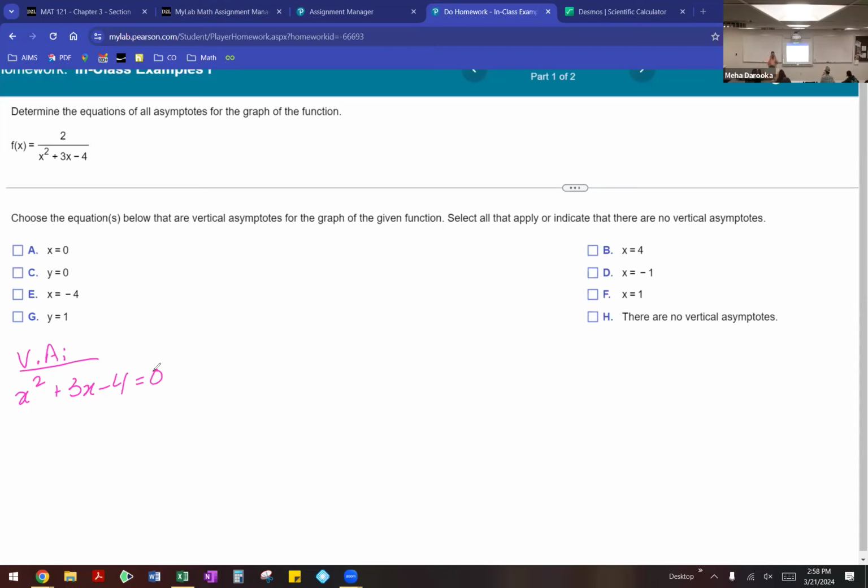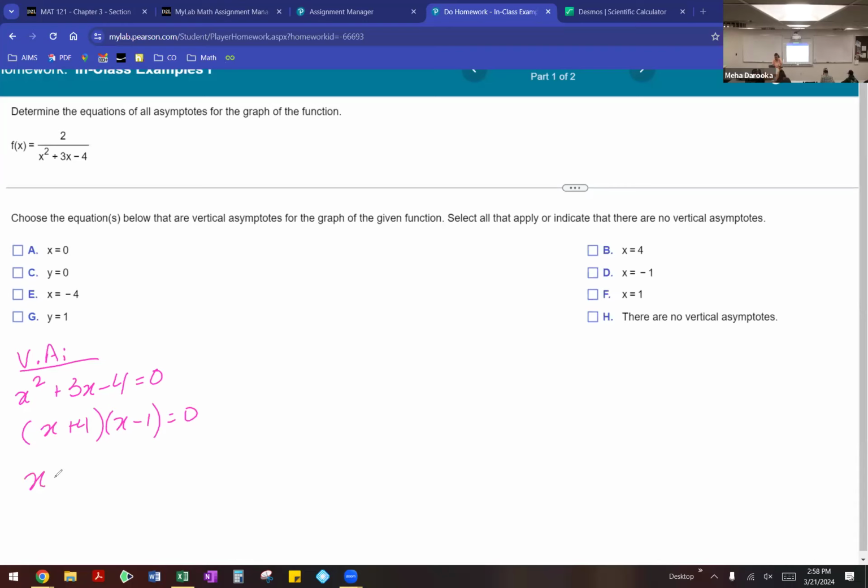So we can factor this guy into x plus 4 and x minus 1. Because remember, 4 only has 2 options. You either do 4 times 1 or 2 times 2. So the combination that will work is a positive 4 and negative 1, which gives us a positive 3 when we add and negative 4 when we multiply.